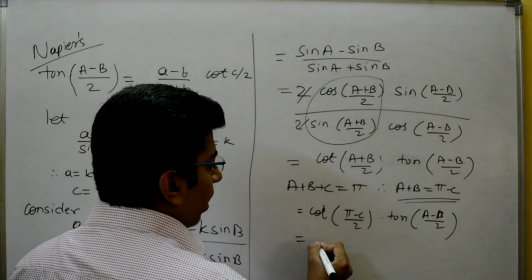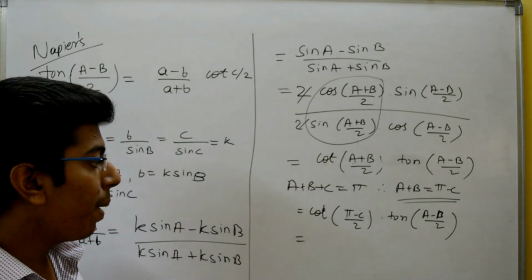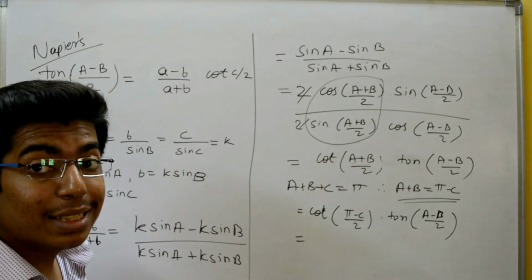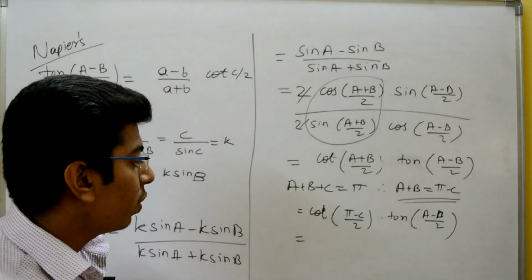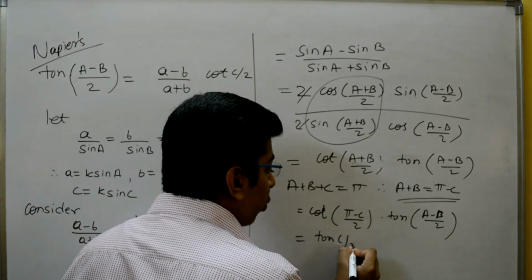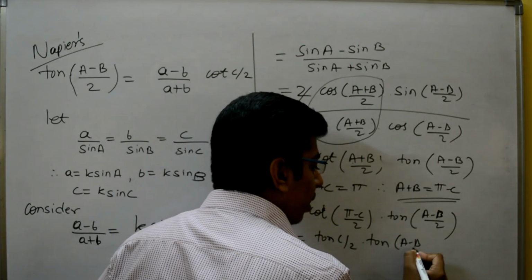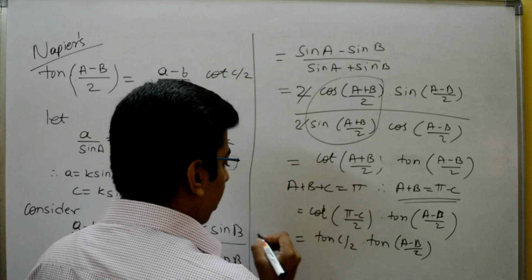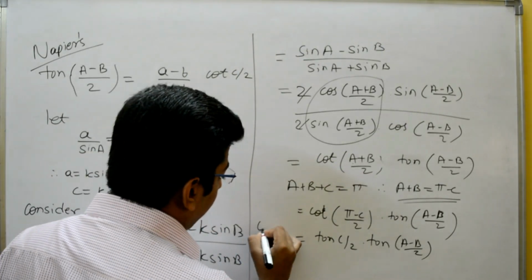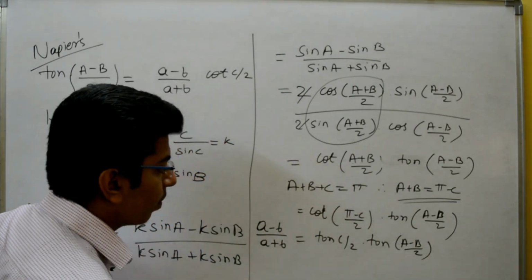Therefore it will actually become cot (pi by 2 minus C by 2). With the pi by 2, conversion takes place, the angle lies in the first quadrant, so the cot is converted into tan C by 2 into tan (A minus B) by 2, and on the left hand side it is (a minus b) upon (a plus b).